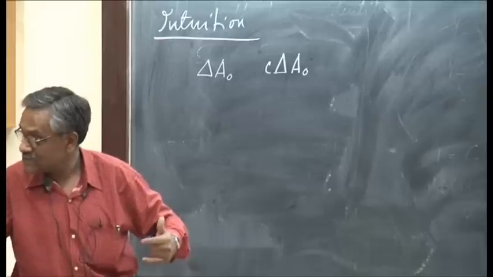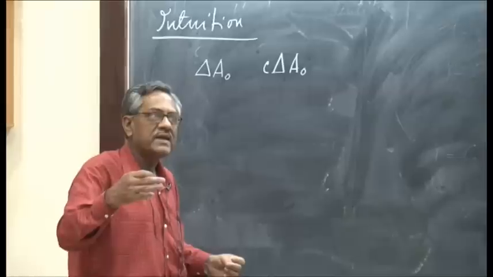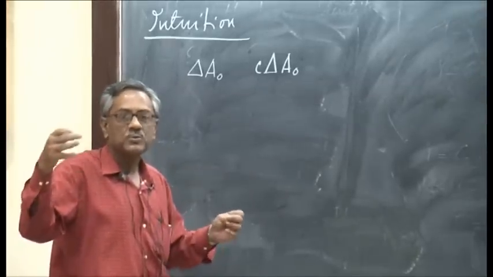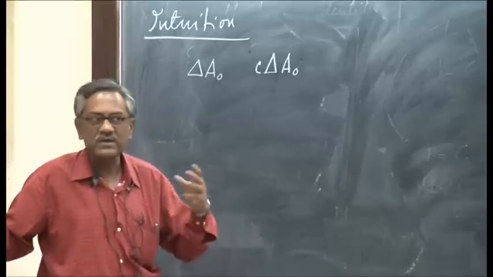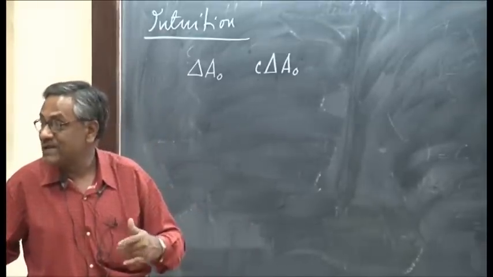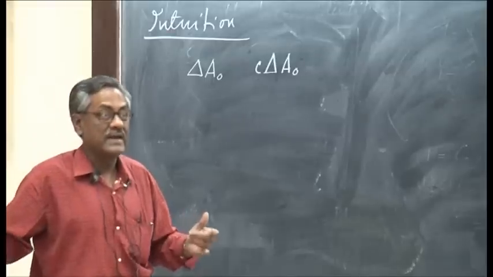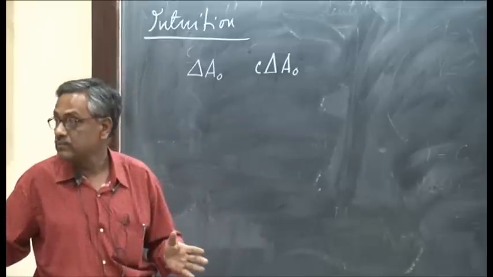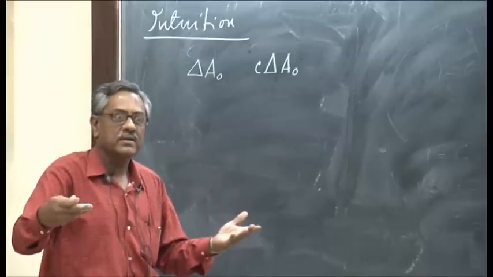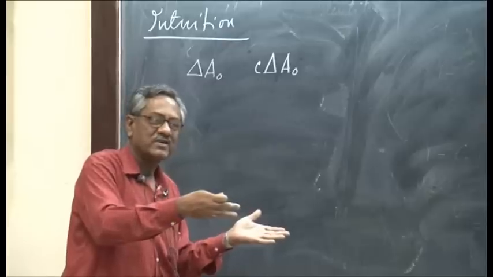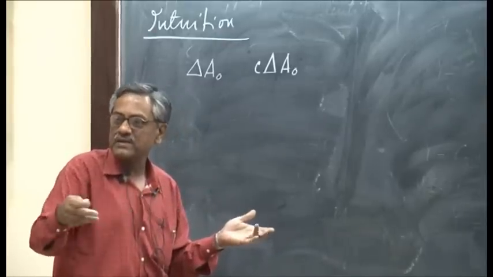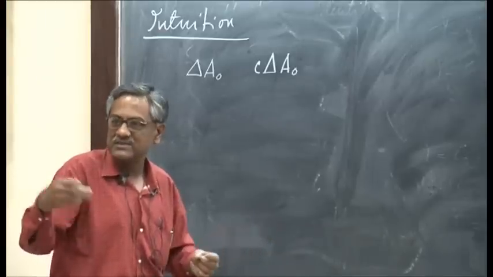Take consumer goods. This creates C times delta A naught amount of income, because the consumer goods factory is now producing more consumer goods: more butter, more jam, more shirts, more pants, more automobiles, more ACs, an extra fan, an extra cooler. So that generates C times delta A naught of income again, where householders, having produced that, go home with that income and say, now let's spend out of it.